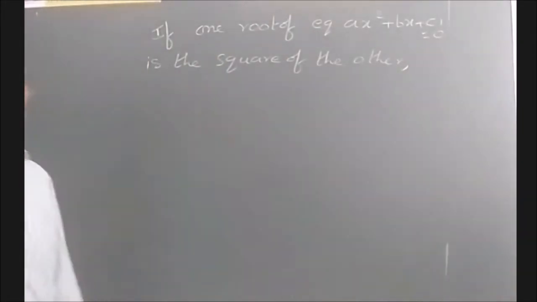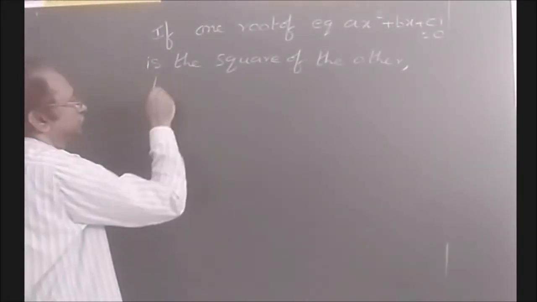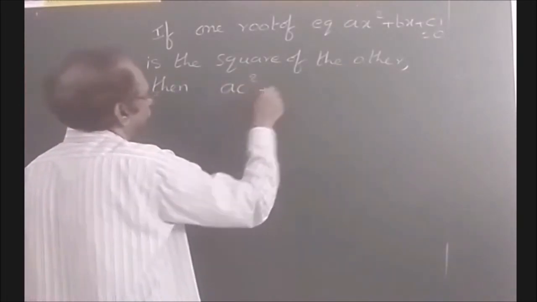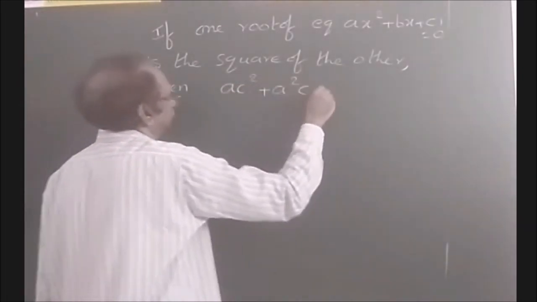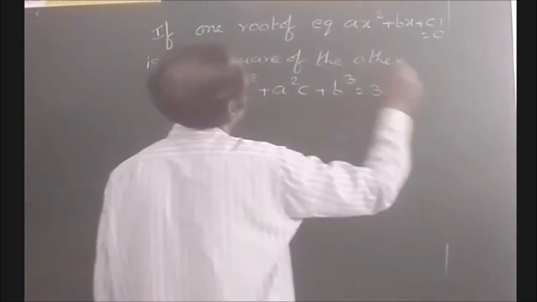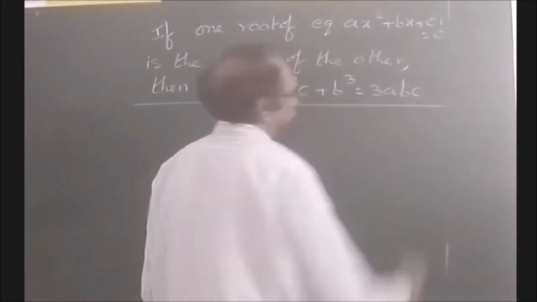So if one root is the square of the other root, then prove that ac square plus a square c plus b cube is equal to 3abc. So that is the result.